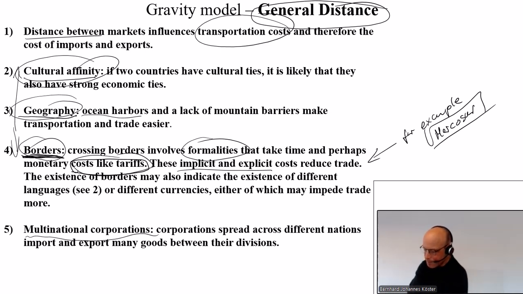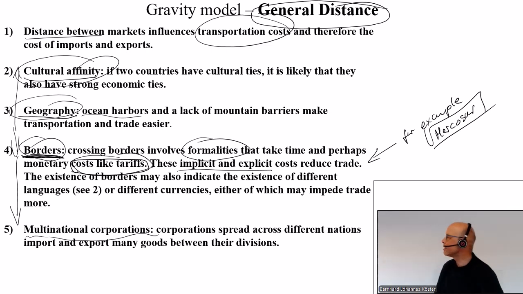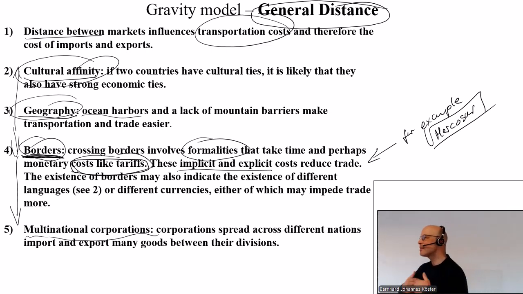And when this model was invented, there was found quantitatively a fifth dimension. When you look at the production possibilities of a country, you find that if in one country there is a so-called multinational firm, a multinational corporation, this is also fostering international trade relations.